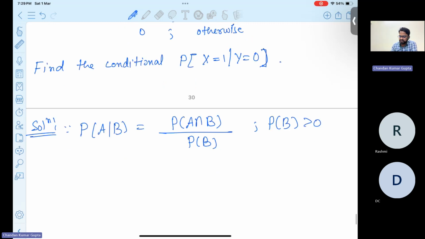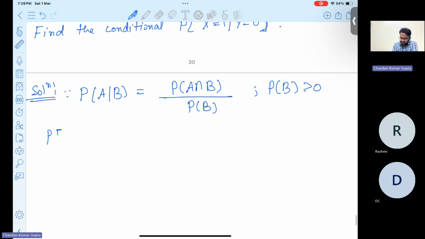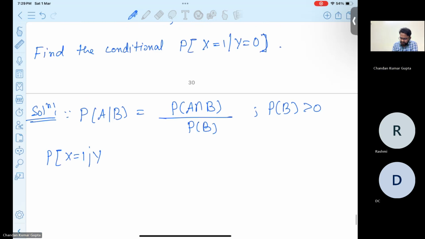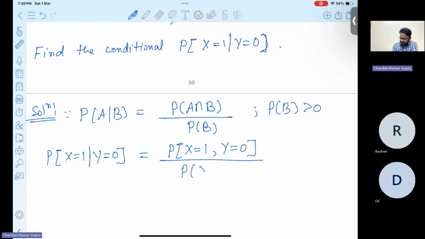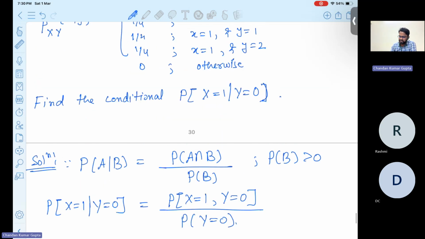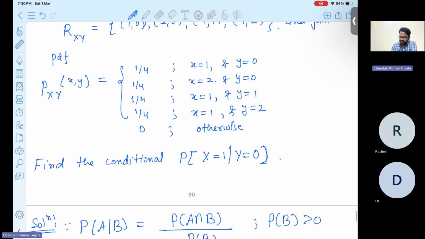So here probability of X equal to 1 given Y equal to 0 is probability of X equal to 1, Y equal to 0, divided by probability that Y equal to 0. The probability that X equal to 1 and Y equal to 0, which is in the numerator, is already given here.